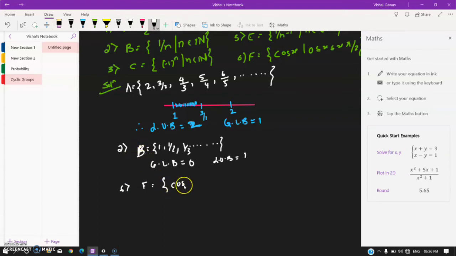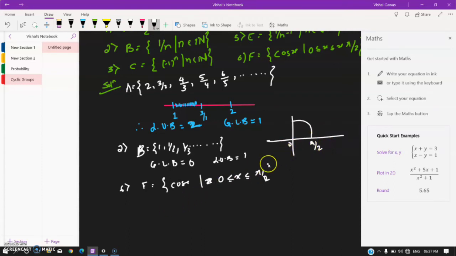It's the set of all cos of x, where x is between 0 and pi by 2. So if I look at the graph of cos between 0 and pi by 2, then cos of 0 is 1, and at pi by 2 it comes out to be 0.